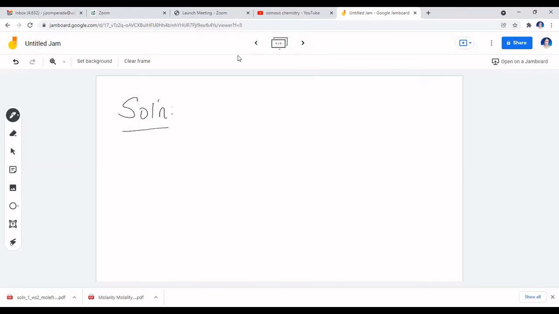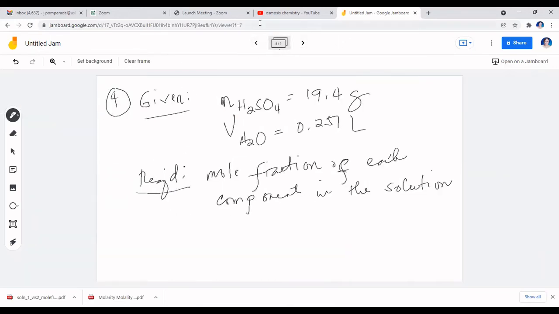The first thing you do is determine, what do we need to do first? I will ask, what will you determine first? So there's a suggestion: determine the molecular mass or the molar mass of each.